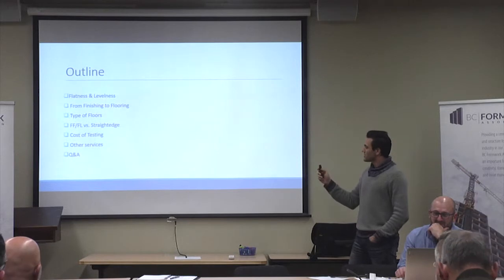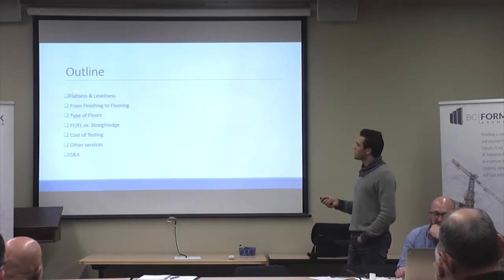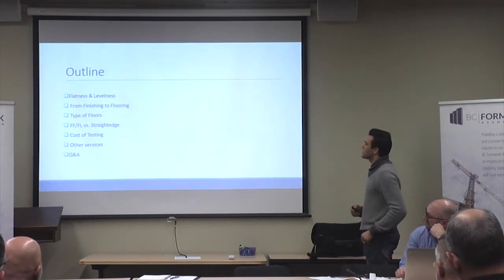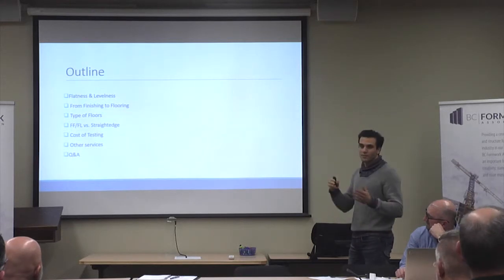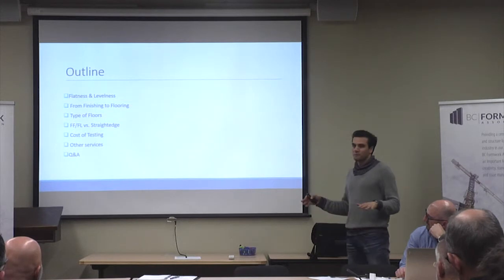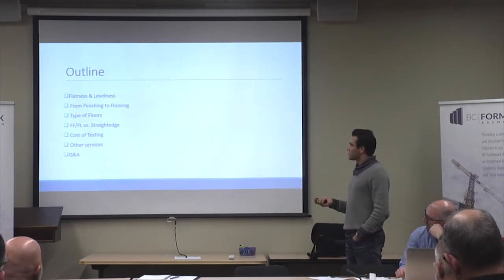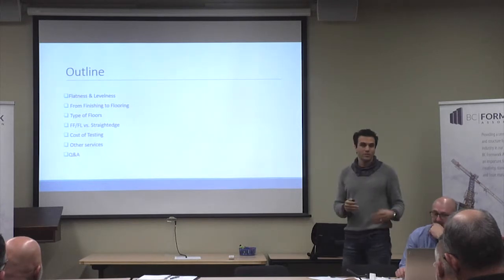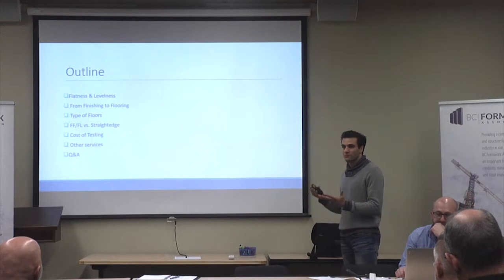So this is the outline of my talk. First we're going to talk about flatness and levelness, what the difference is, what it means. And then the whole cycle from finishing the floor to the flooring of the floor. And then there are different types of floors, some of which have different types of specialty measurement.